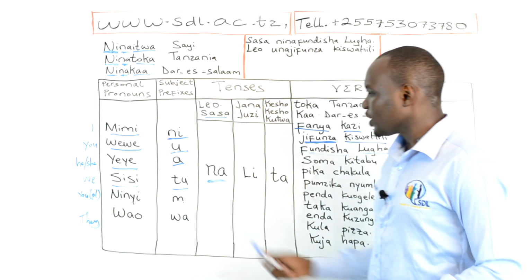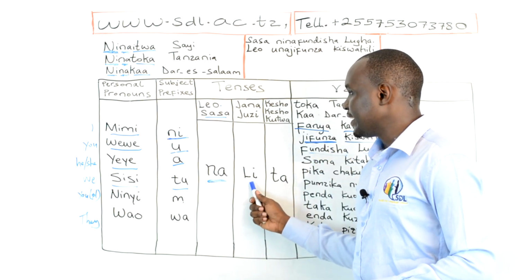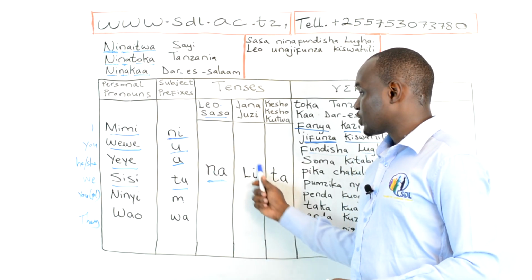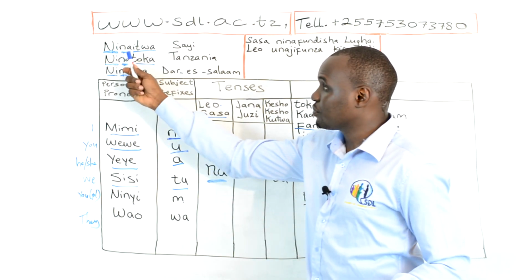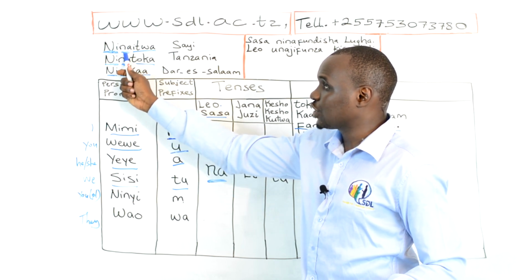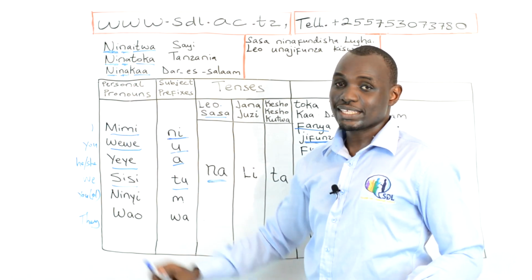And so na is for present tense, and li will be for past tense. So not always will we be saying na. Sometimes just this part changes and it becomes li.